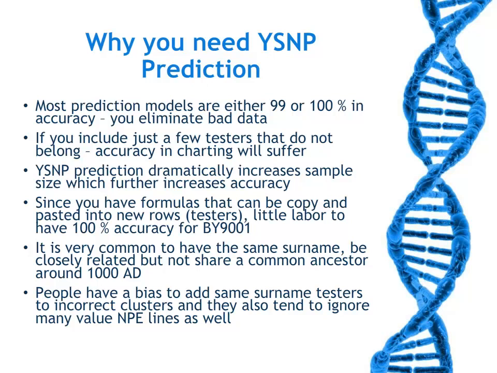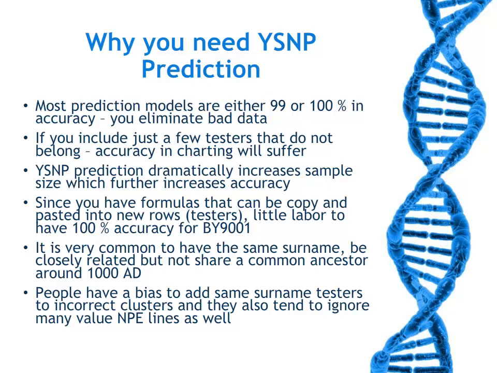The old saying of garbage in is garbage out is very true. So that's why Y-SNP prediction is critical, because it guarantees that the data that you run into your analysis belongs inside your analysis. If you include just a few testers that don't belong, the accuracy will suffer tremendously.